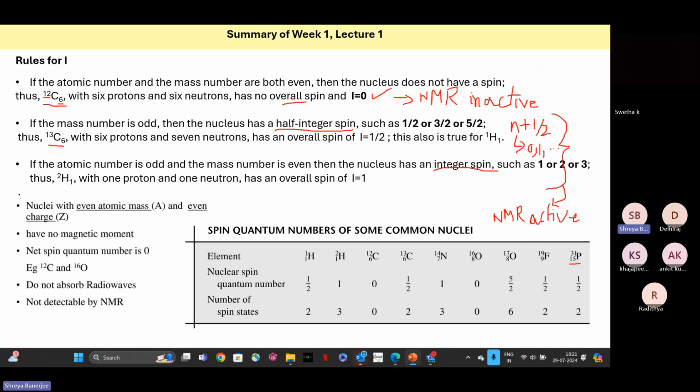Basically, the only case where it's NMR inactive is where both are even. So like we already discussed 12 carbon, there is also 16 oxygen where both are even. So I becomes 0 and your number of spin states, which is 2I plus 1, becomes 1. So this is the rule where you have NMR inactive and NMR active nuclei.